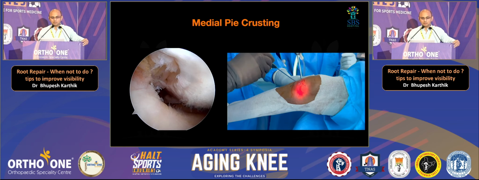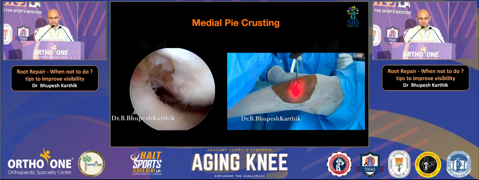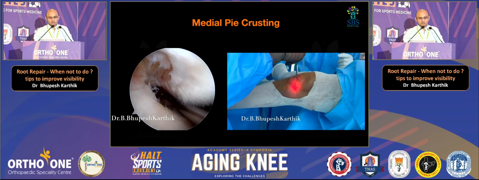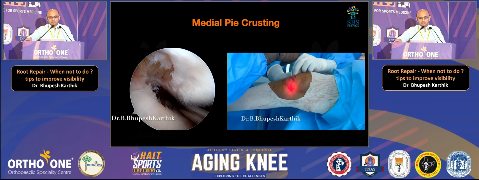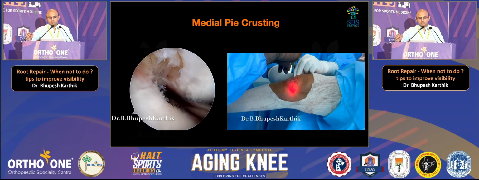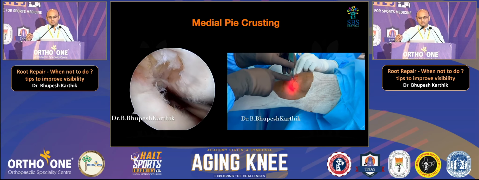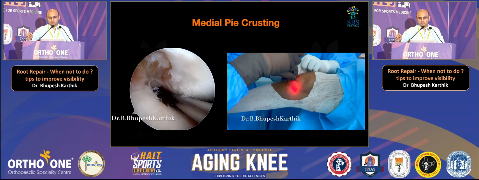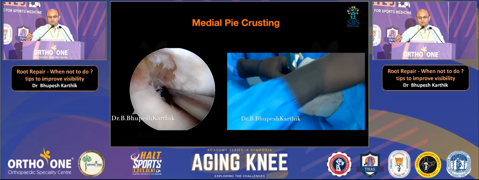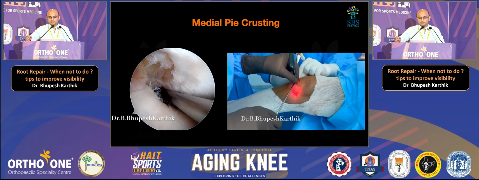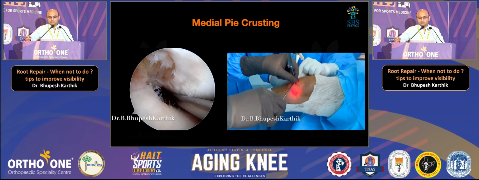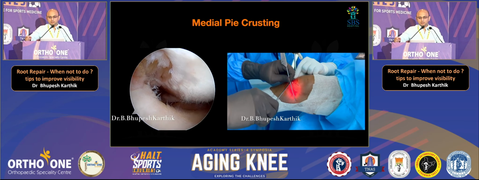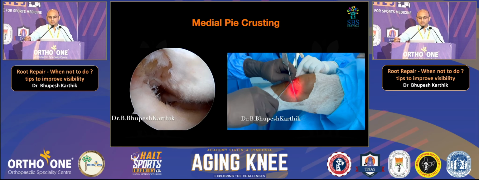Now, tips on improving visualization, we saw this yesterday during the live. This is something that I've been doing for quite some time. You want to see the posterior root, so with the probe, assess the depth of the posterior root, pinch your probe there, hold it horizontal to that place, and then take it out, and then place it on the medial aspect of the knee.